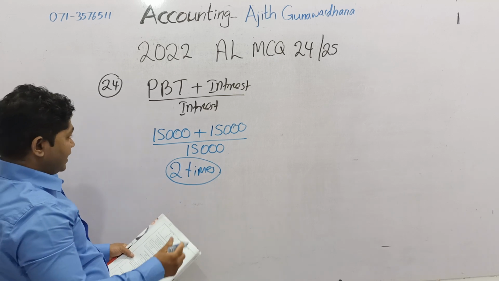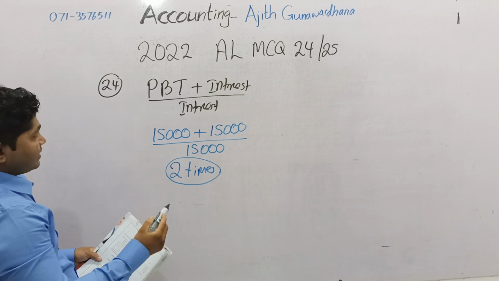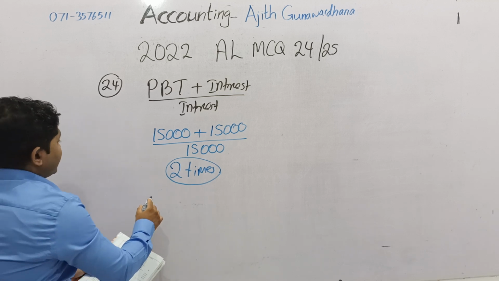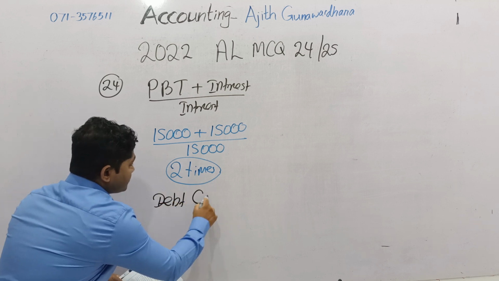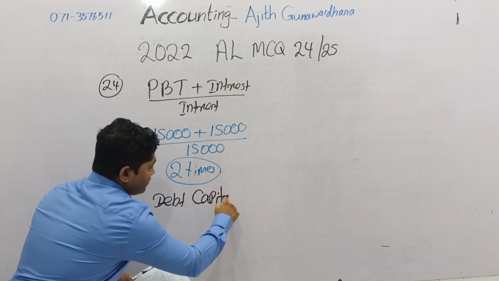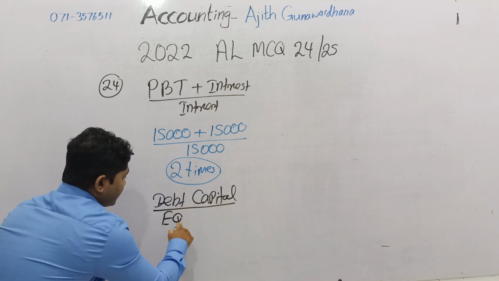And the second one is the debt equity ratio. Debt equity ratio can be calculated as debt capital divided by equity capital. As debt capital, non-current liability should be considered.